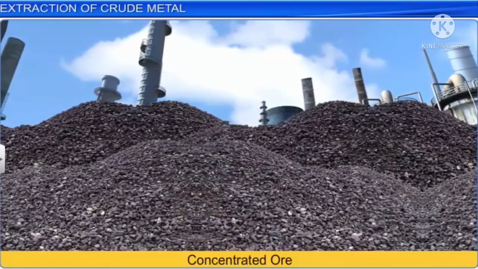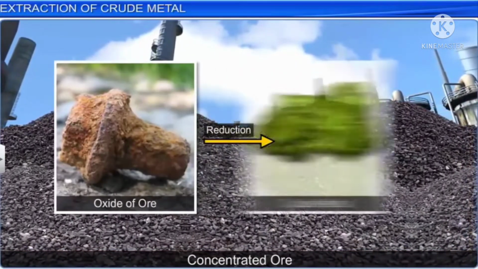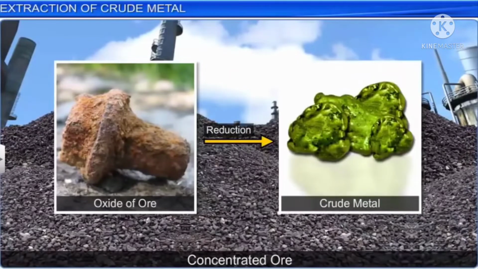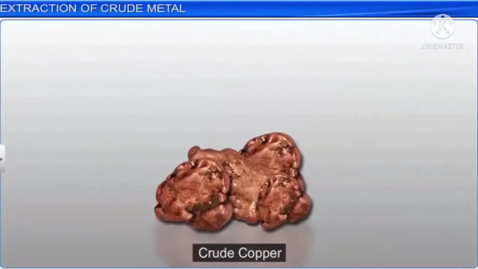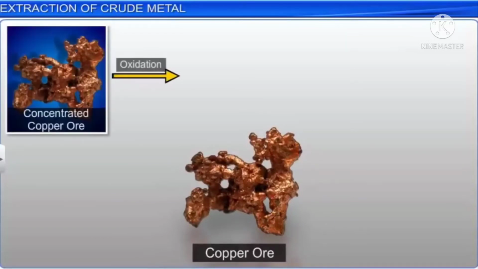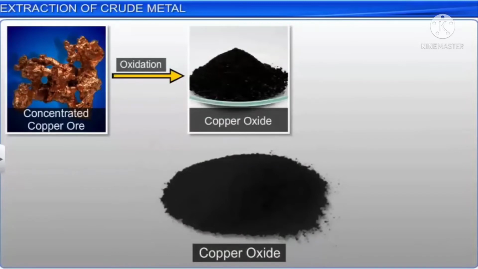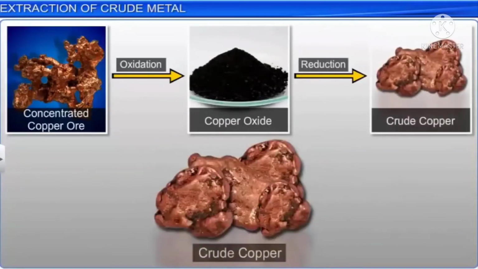The concentrated ore must be converted into an oxide, which is more suitable for reduction. For example, if we want to obtain crude copper from concentrated copper ore, we should first convert the concentrated copper ore into copper oxide, and then reduce copper oxide to obtain crude copper.